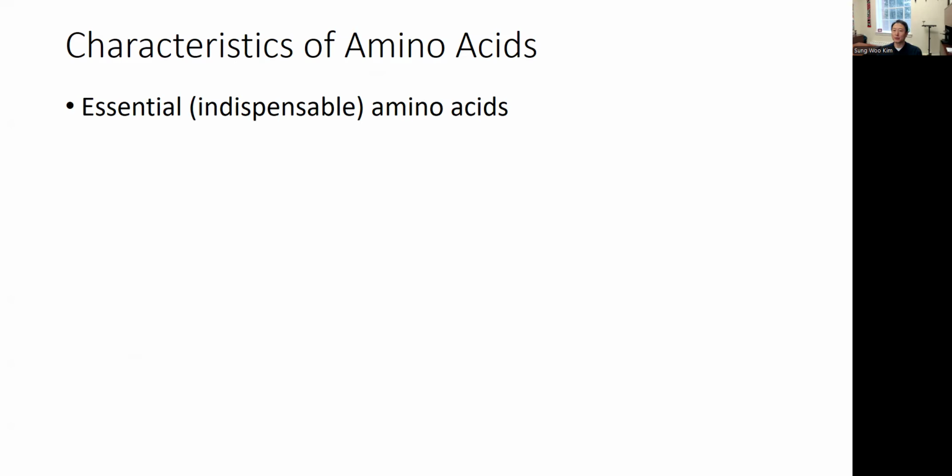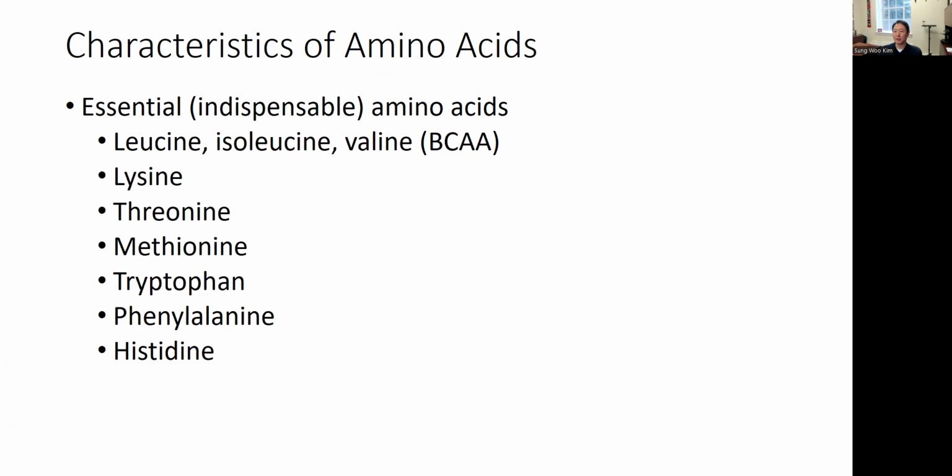If I come back to essential versus non-essential amino acids, I'd like to say there are about 9 or 10, depending on the research group or textbook. But here I will say 9 of them are essential or indispensable. Okay? That means animals or humans will need to obtain these 9 or 10 amino acids from the food or feed.